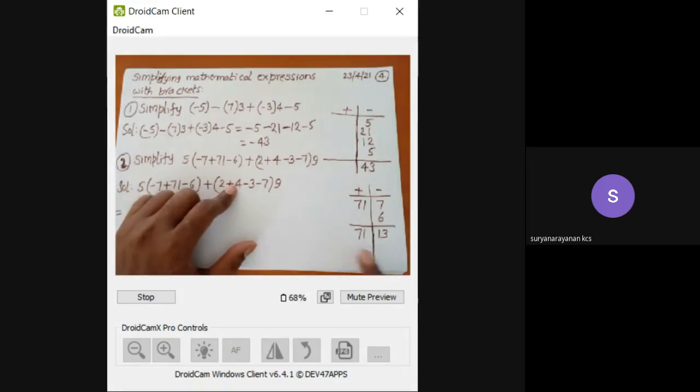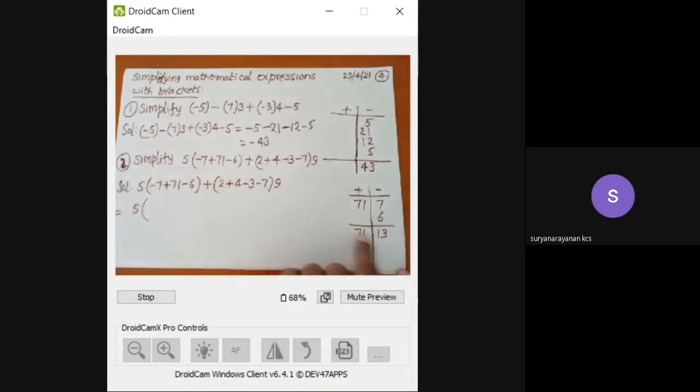Now tell me, what will you do after this step? After getting these 2 numbers, what will you do? Janej, how do you simplify these 2 numbers?